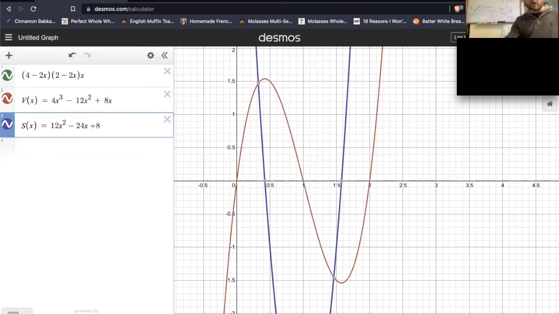And look at that. It goes through here at 0. In other words, it tells me that the slope of the red function is 0 when the input value is 0.423. So going straight up, we should have a slope of 0 on the red function, and that's what we have.